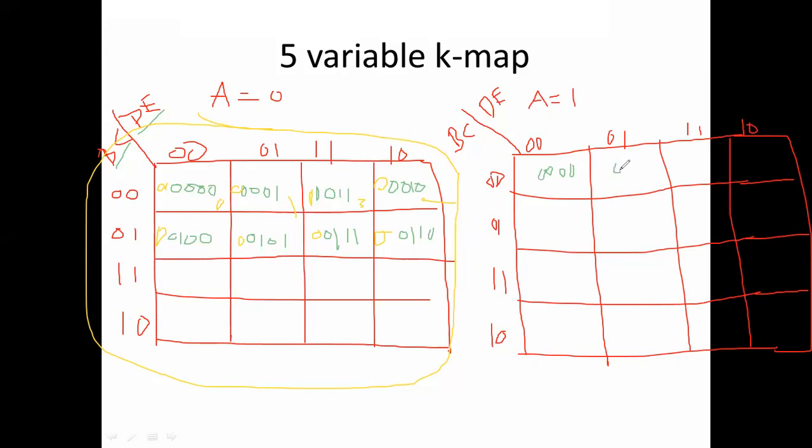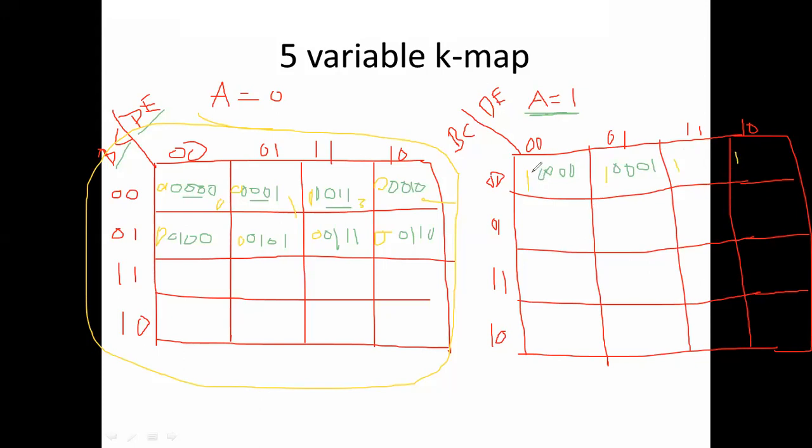Here, BC is 0, 0. D is 0, 1. The same combinations like this only we are getting here also. Here, what is the MSB bit? MSB bit is 1. A equal to 1. That's why for all the combinations we are putting 1.